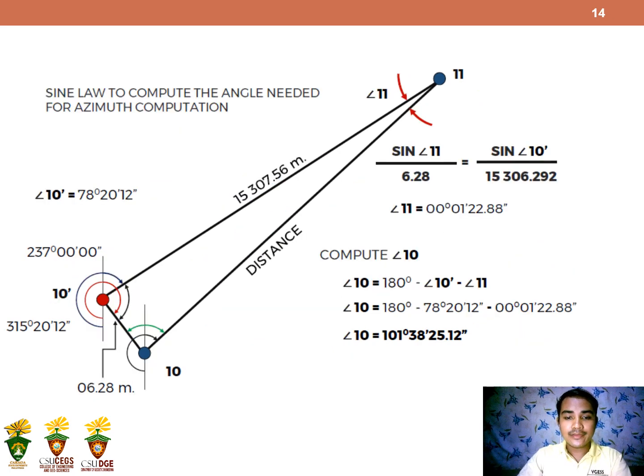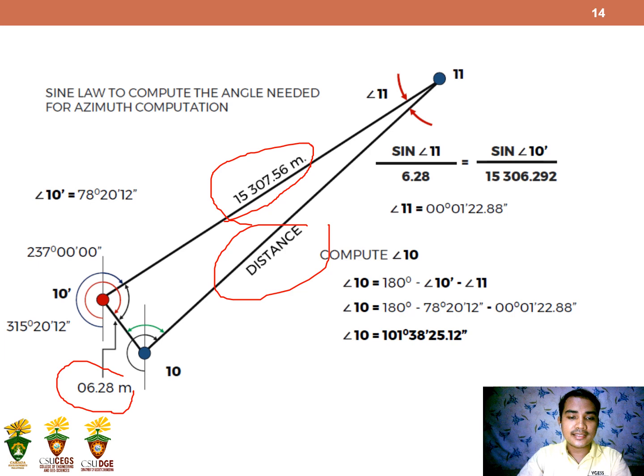Since we now have the three distances of the sides of the triangle, sides A, B, and C, with their measurements, and we also have the included angle, angle 10 prime, we can now get the other interior angles, namely angle 11 and angle 10, to get the azimuth of 10 to 11.